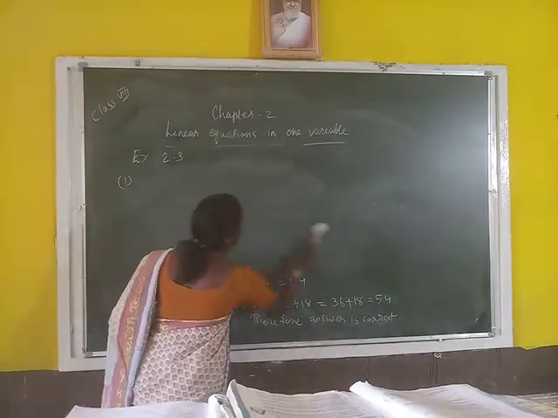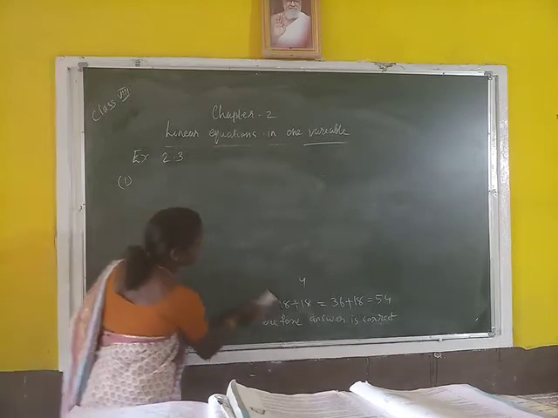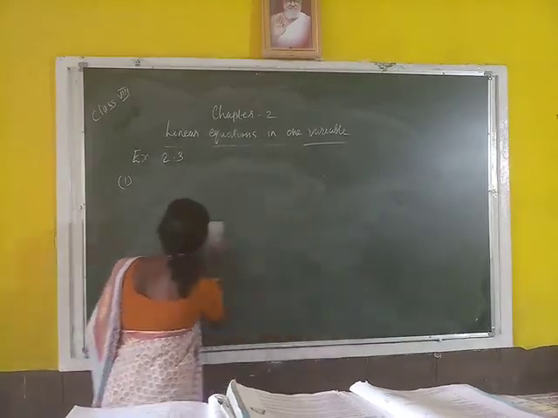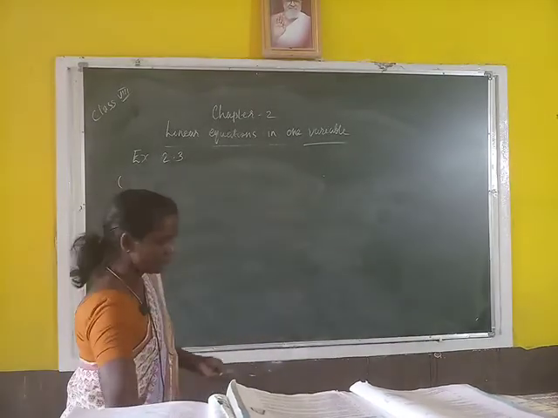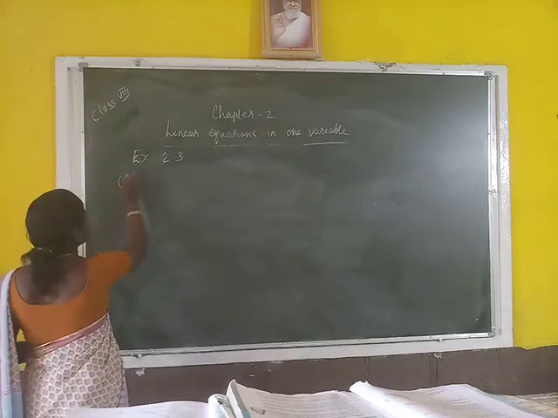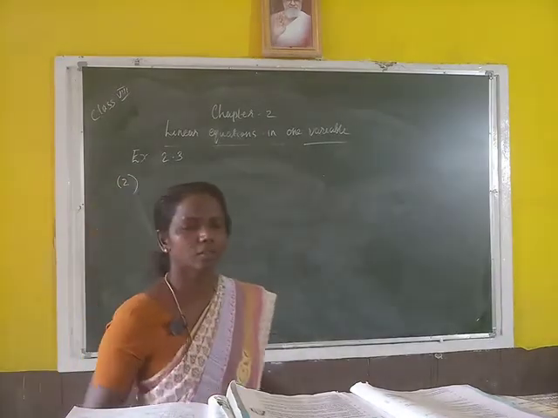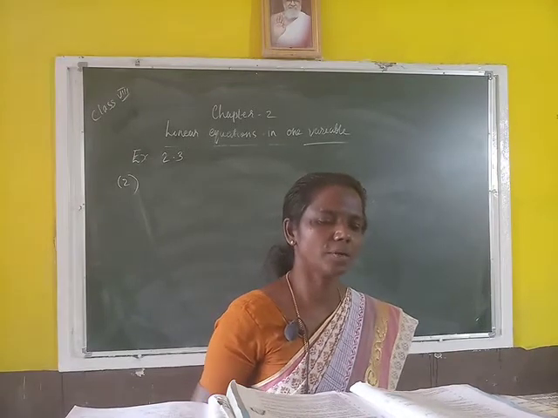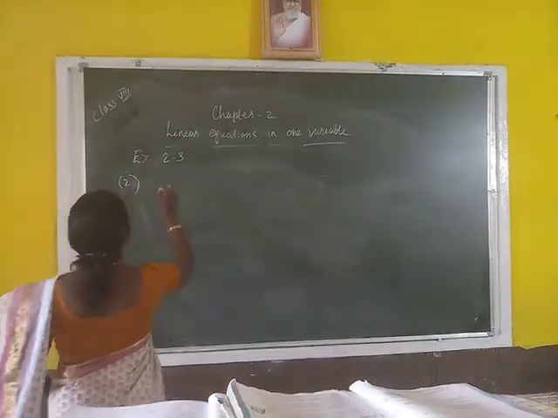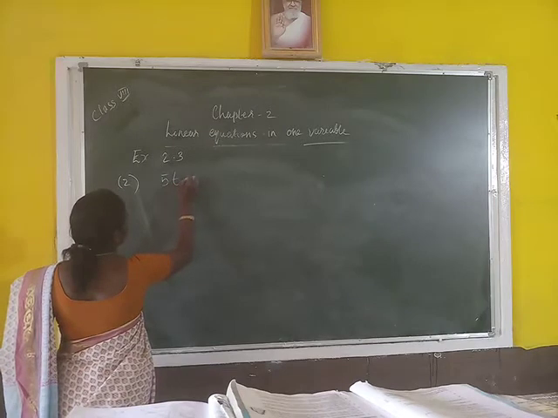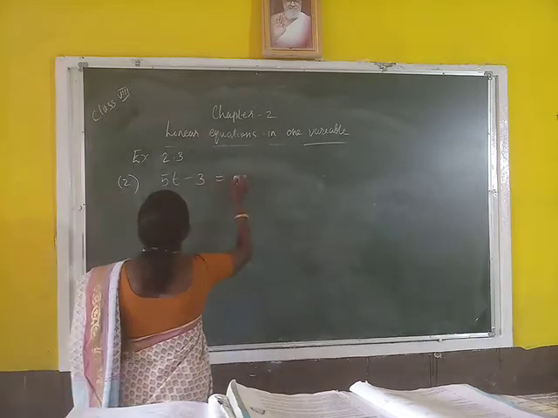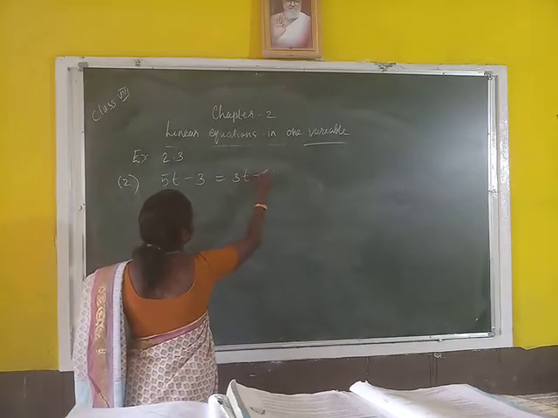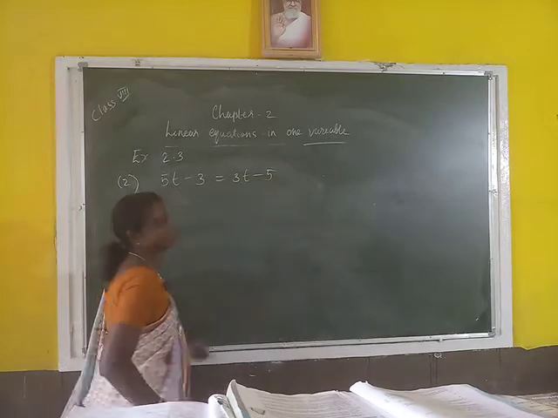The next question, number 2. 5t minus 3 is equal to 3t minus 5.